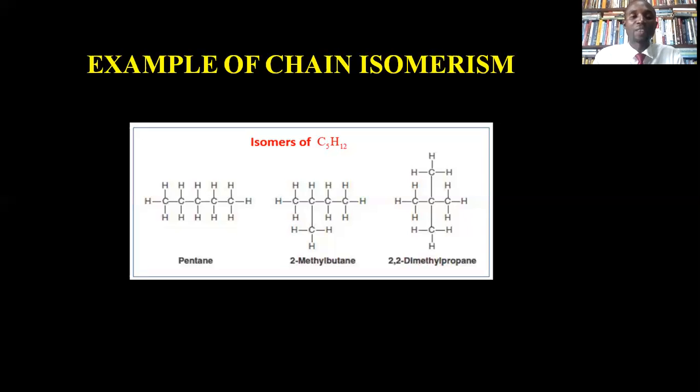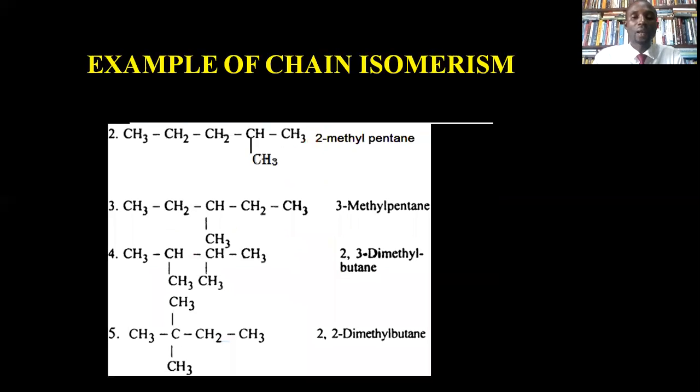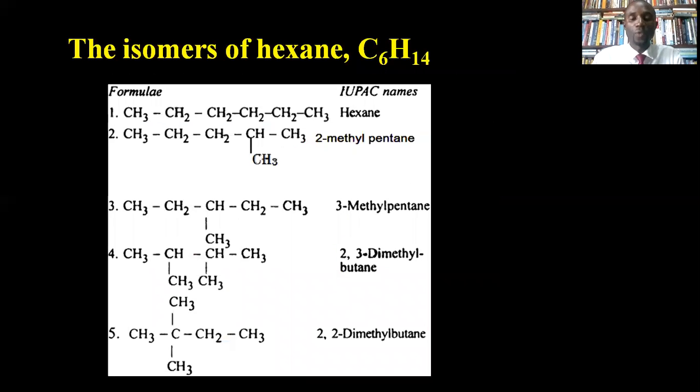Another example is hexane, C6H14. Straight chain, we have hexane there. The next one, you can take one of the methyls out and give a branch. We have 2-methyl-pentane.